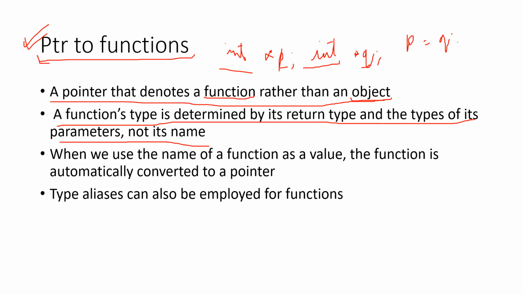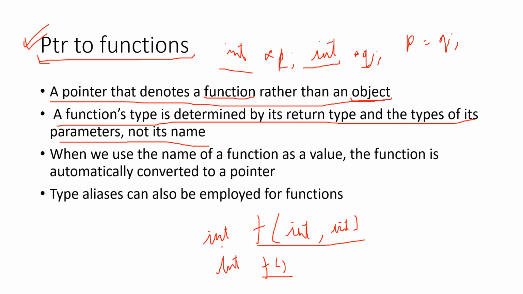But in case of a function, the type is determined by the return type of the function and the type of its parameters, not the name of the function. So if we see these two functions, f with int comma int, and just the regular f function, these are obviously overloaded functions.